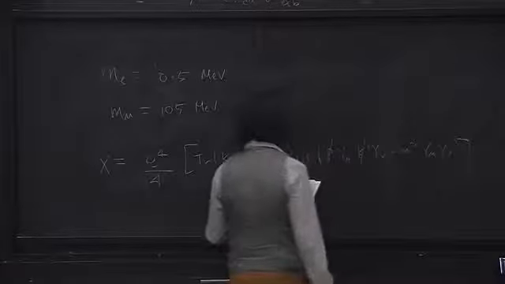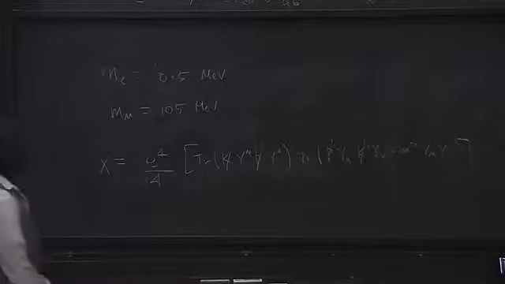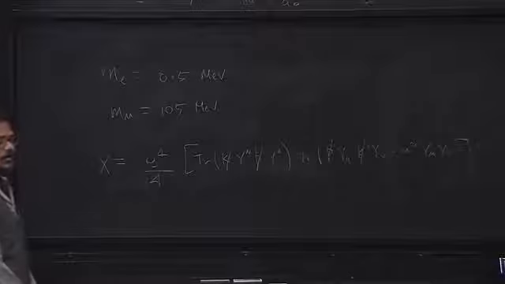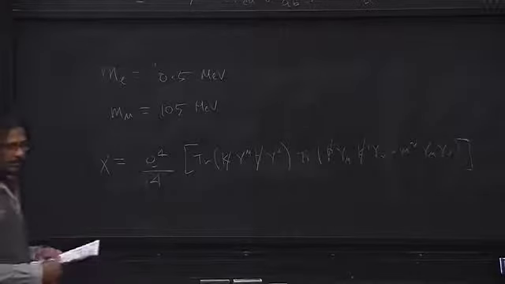Okay. And then in the tutorial, you proved a trace identity which involved several different numbers of gamma matrices traced over, right?